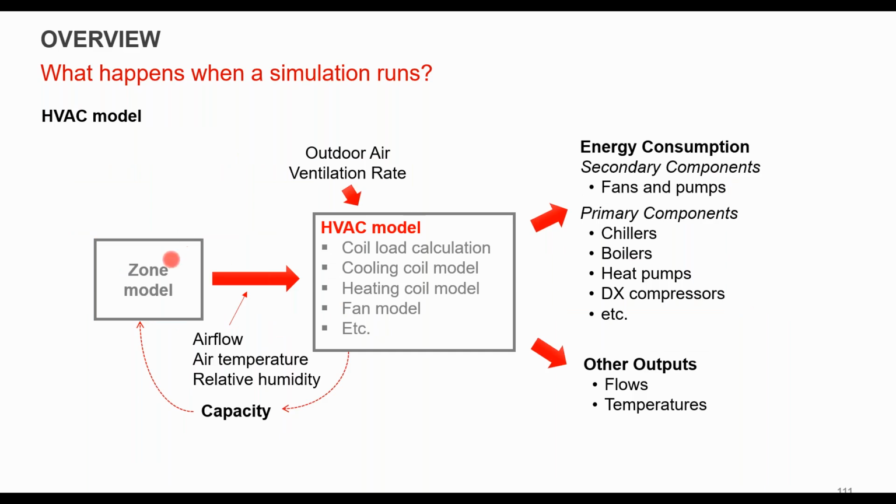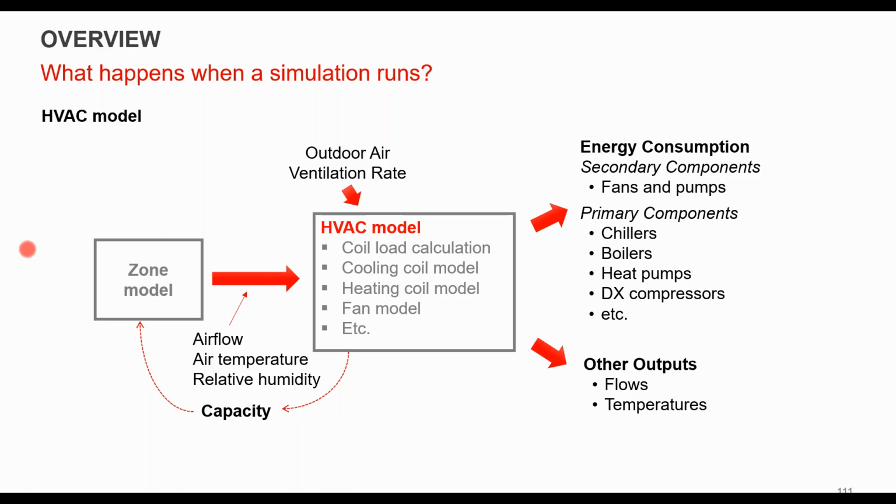So again, what exactly happens? We've calculated all the zone loads; those get passed to the HVAC, right? And you have the calculation for each one of your coils, or whatever sort of heating or cooling equipment you have, your fans, pumps, and that gives you energy consumption. A lot of tools now will give you outputs, so it'll tell you what the flow and temperature was before and after each one of the coils, or before and after the fans.